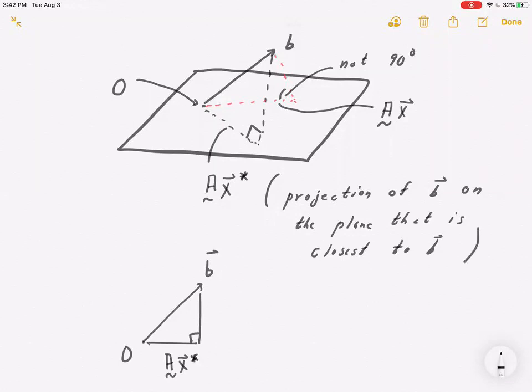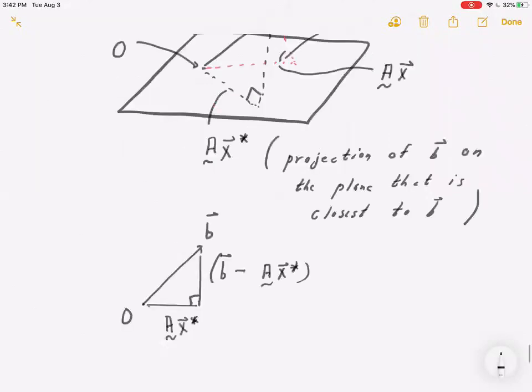It's special because B minus A X asterisk satisfies the condition that this guy is orthogonal to that guy.